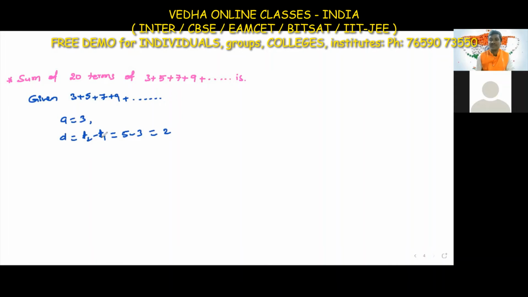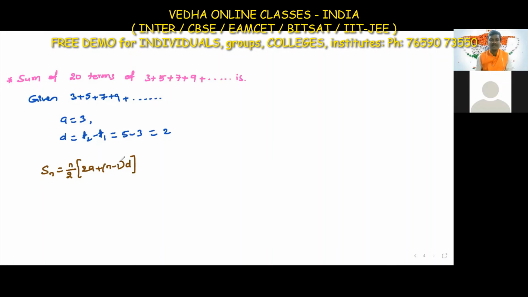This is the difference here. What is the formula for finding the sum of n terms in an AP? Sn is equal to n by 2 into 2a plus n minus 1 into d.